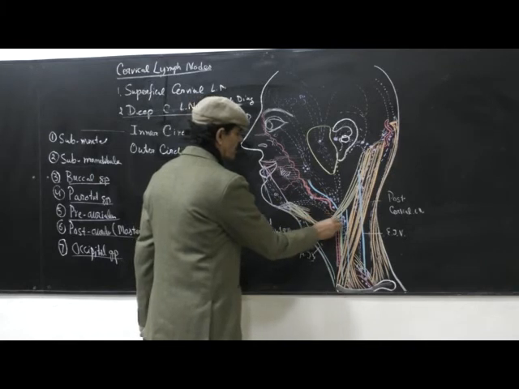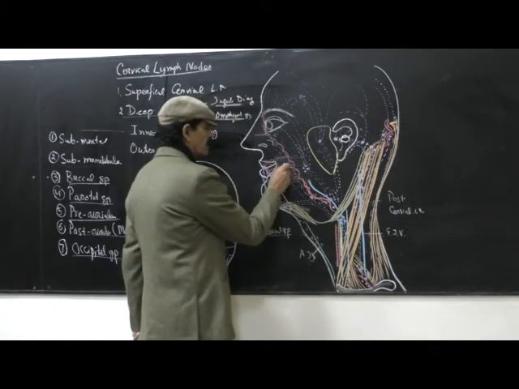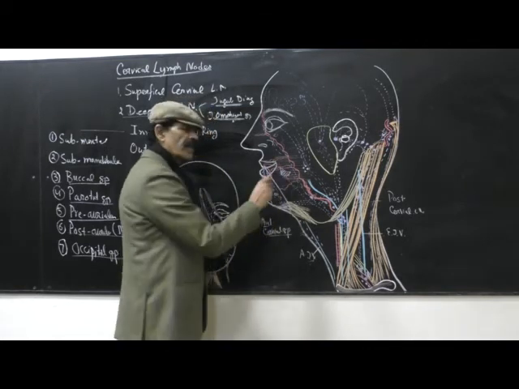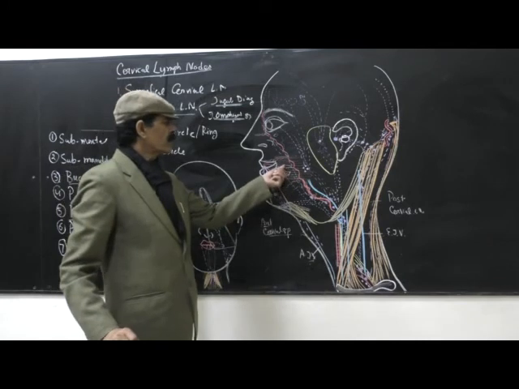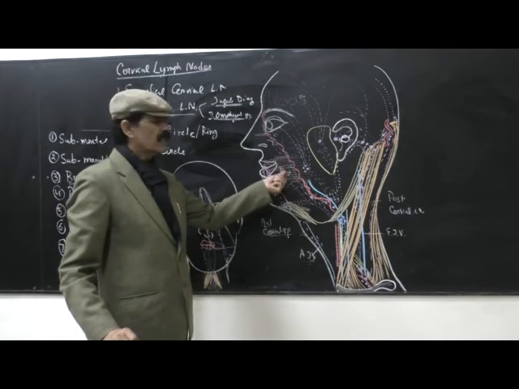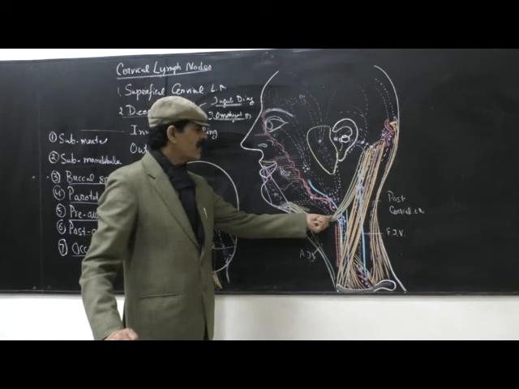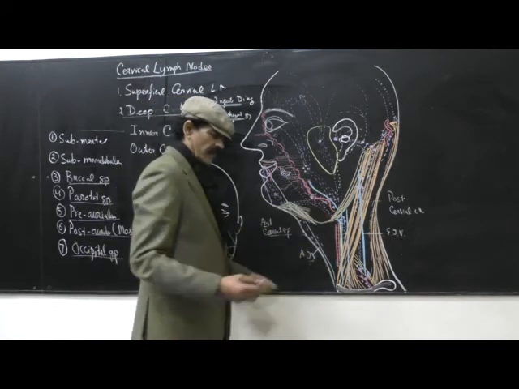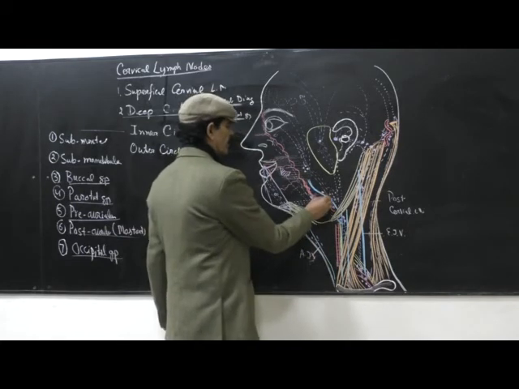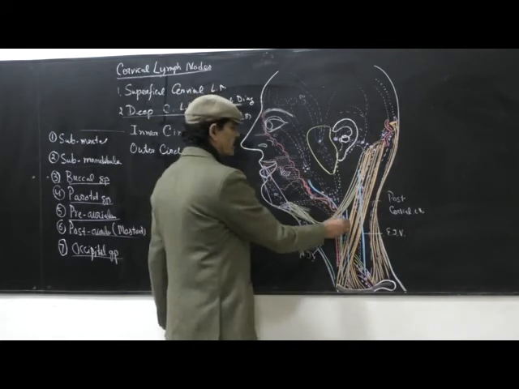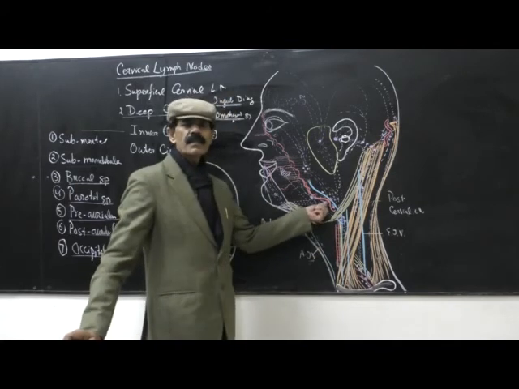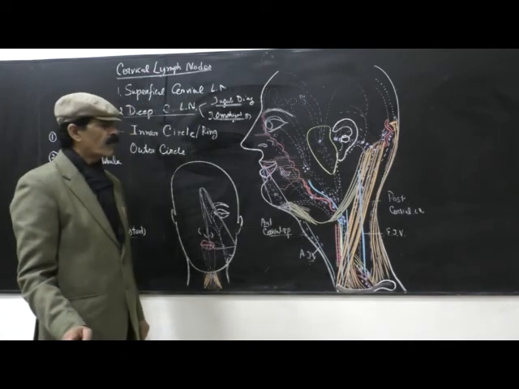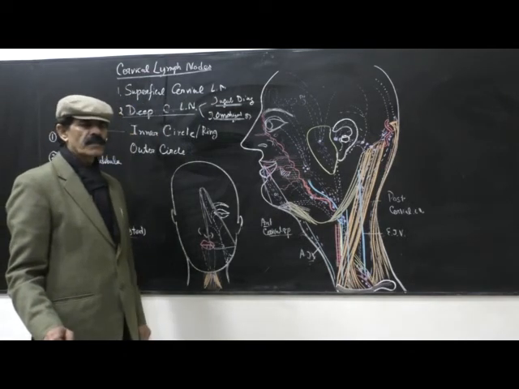Because the tonsils and the posterior 1/3 of the tongue are very near to it. So the tonsillar fossa and the posterior 1/3 of the tongue are the drainage area. Besides the facial vein, the lymph nodes around the facial vein are also afferents of the jugulo-digastric, and the submandibular group is also an afferent of this group. So a wide area is drained by the jugulo-digastric lymph nodes.